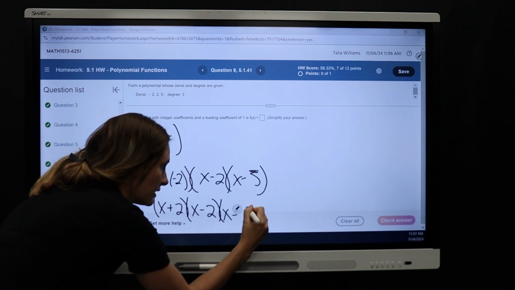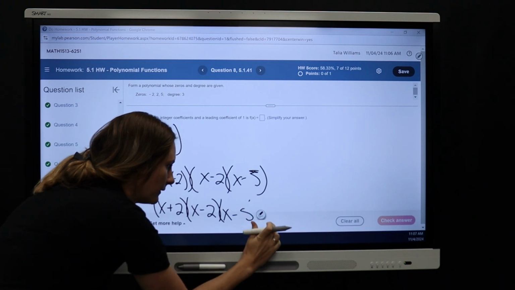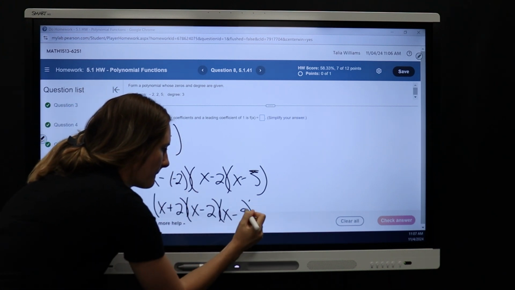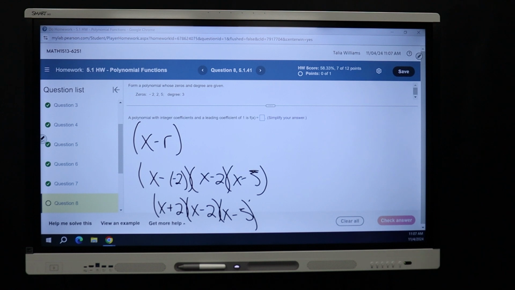And then if they want us to, I guess we will. Okay. Simplify your answer. Hoping that's just them wanting us to change the subtract negative to a positive. x plus 2, x minus 2, x minus 5.